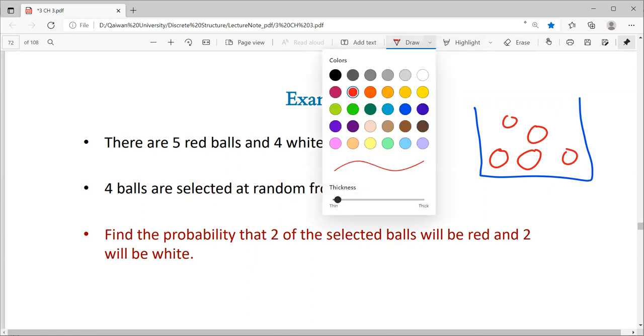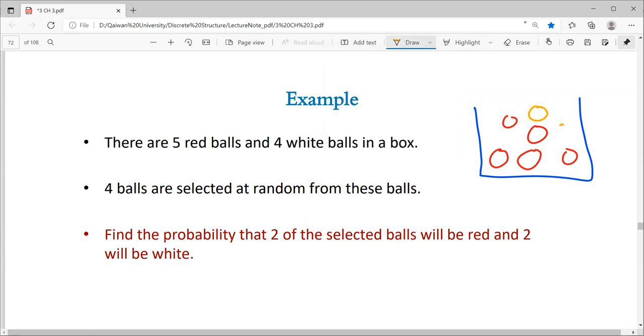I'm gonna draw the white ones in this color: 1, 2, 3, and 4. We have 5 red balls and 4 white balls in a box. So what's the total number of balls? It's 9.